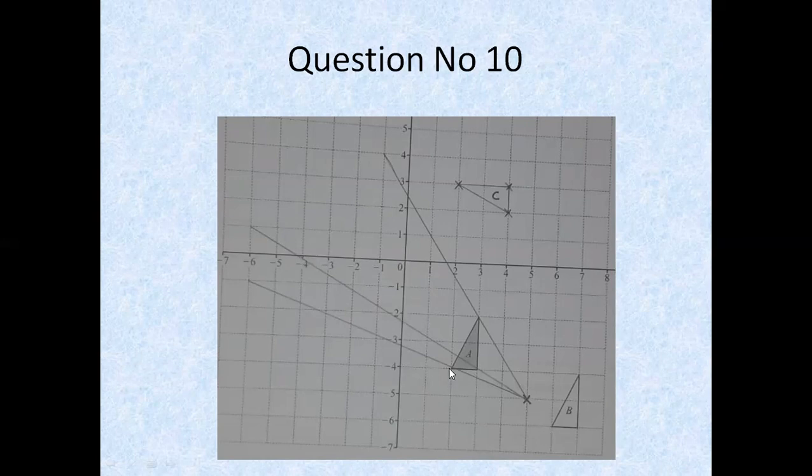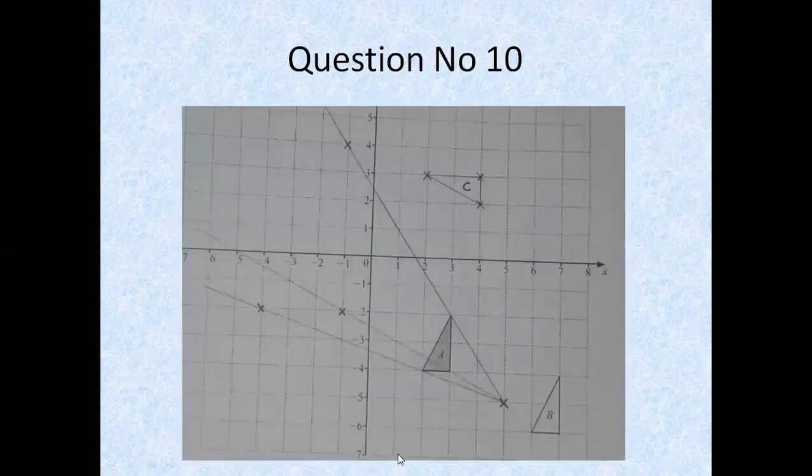I do the same for the other vertices: I check the distance of each vertex from the center of enlargement, measure it with the ruler, multiply it by 3 because the scale factor is 3, and put a dot where that 3-times distance completes. And then I will join those dots.